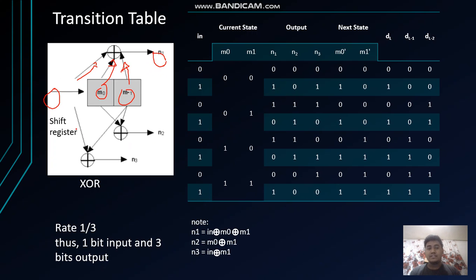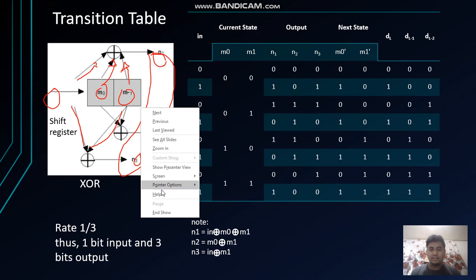Another is M0 plus M1, so 0 plus 0 will become 0. And here is input plus M1, so 0 plus 0 is equal to 0. So here our answer is 0 and 0. The next state is 0 0.